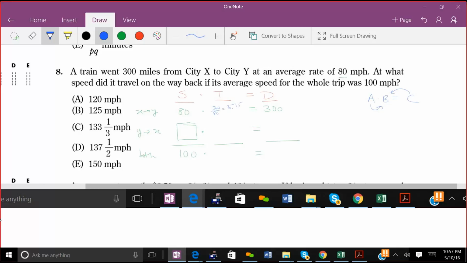What else do you know? Distance on the way back was also 300. Perfect. There you go. What else do you know?